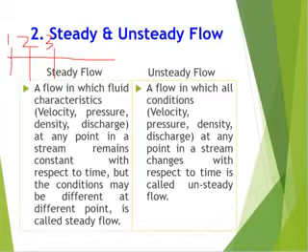If we measure these characteristics like velocity or discharge etc. at section 1 after different intervals like after 10 seconds, 20 seconds, 30 seconds or after a minute, and these characteristics do not change, then it is a steady flow. But these conditions at point 1 may be different from point 2 or from point 3, but at a particular point these should not change with respect to time, then this is a steady flow, otherwise this is an unsteady flow.